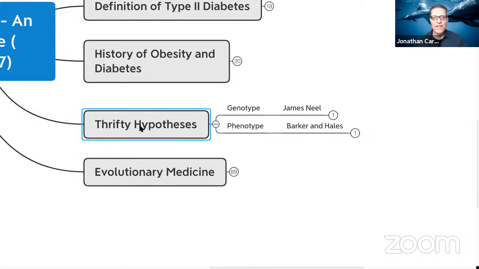So these thrifty hypotheses are based on this idea that genes, specifically talking about the thrifty genotype hypothesis, are basically an evolutionary, adaptive change that selected people who are more thrifty with their genes.